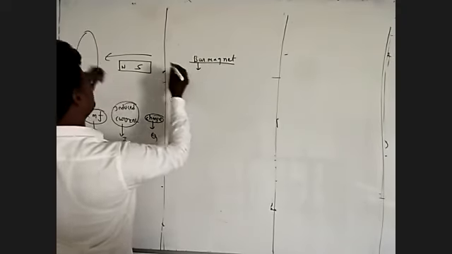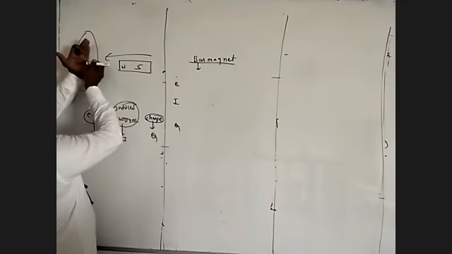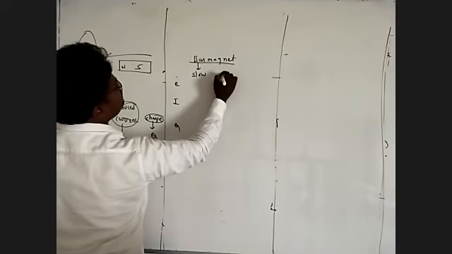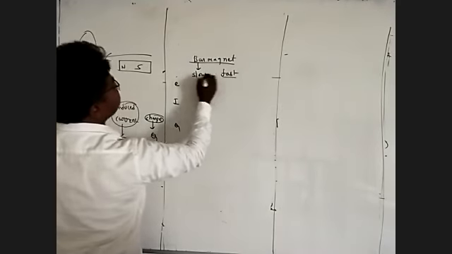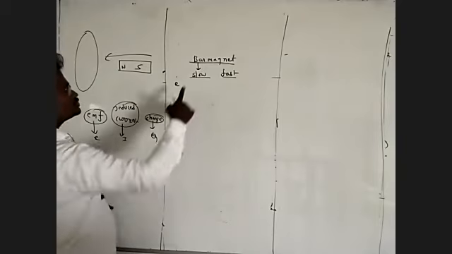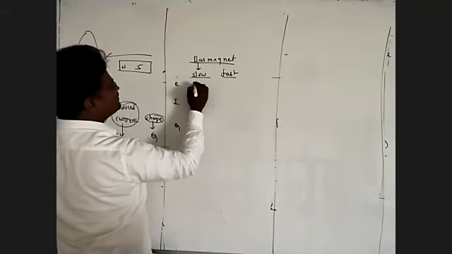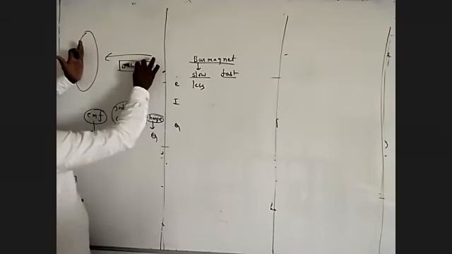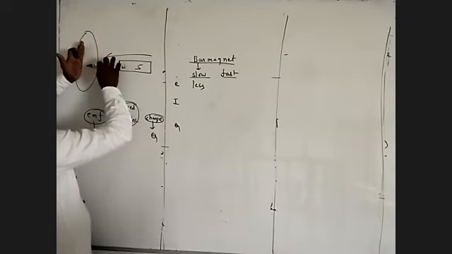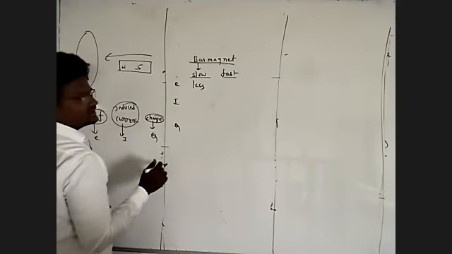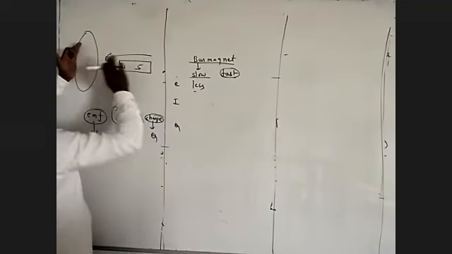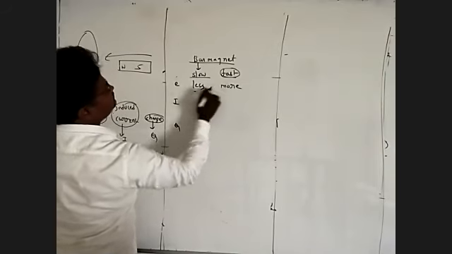The north pole of the bar magnet is moving very slowly, slow, then fast. Slow means EMF is less. The north pole of the magnet is moving towards the coil very slowly, so the induced EMF set up in the coil is less, and when the north pole is moving very fast, the induced EMF is more.